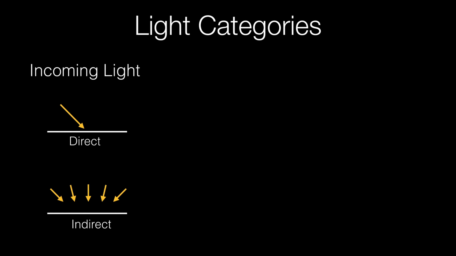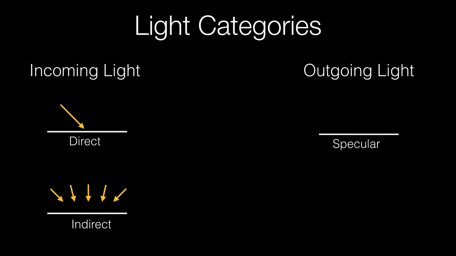After light hits the surface, there are two types of surface interactions we're going to discuss. Specular light leaves the surface in one main focused direction, while diffuse light is scattered and leaves the surface in all directions. There are more outgoing light behaviors, but we're going to concentrate on these two most common types today.